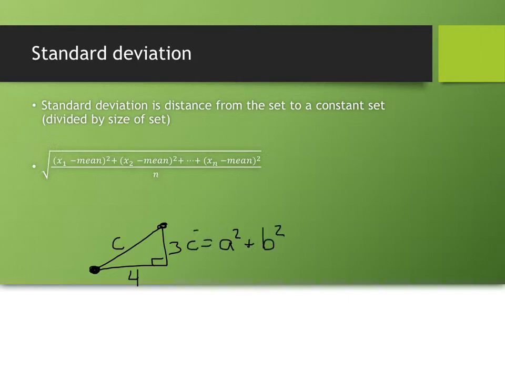And this c is the distance, so technically c is equal to the square root of a squared plus b squared. The reason we get this square root of something squared plus something else squared is because it's a distance from a constant set. That's what we're actually calculating when we're thinking about standard deviations.